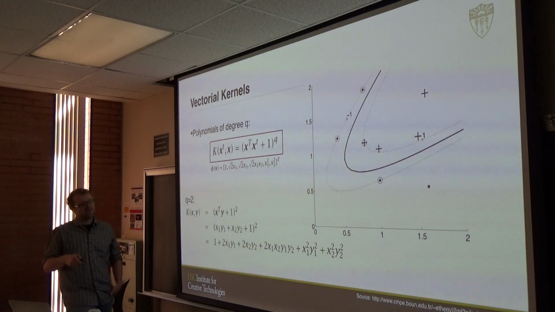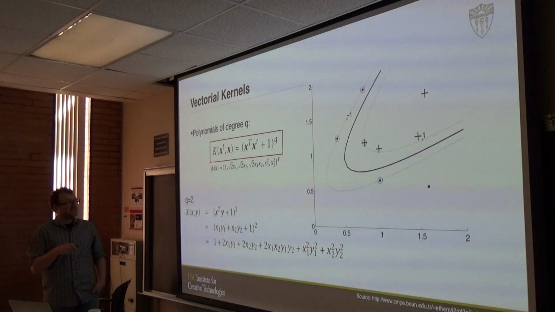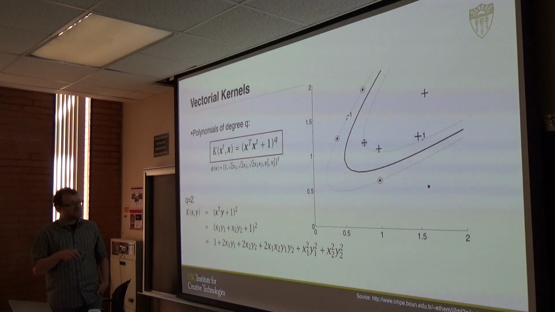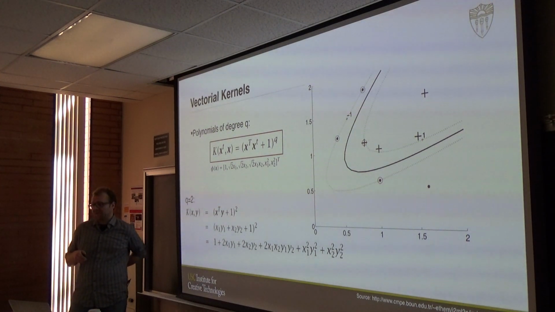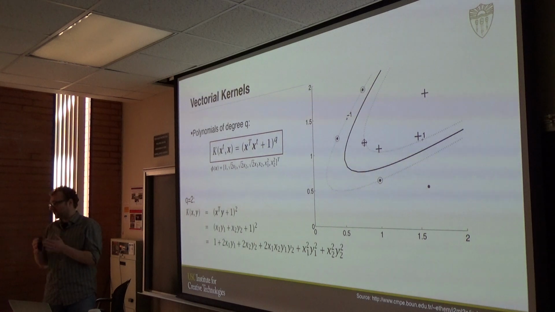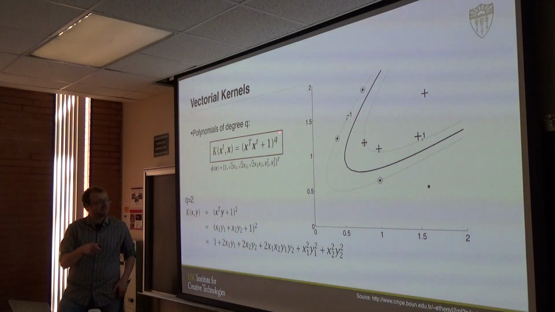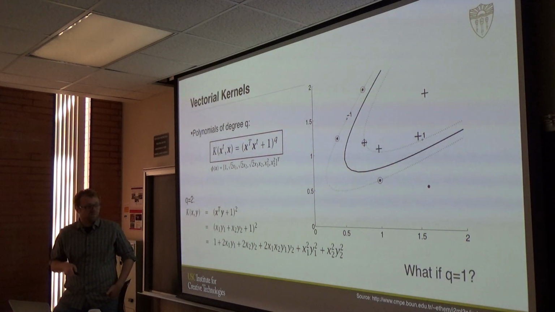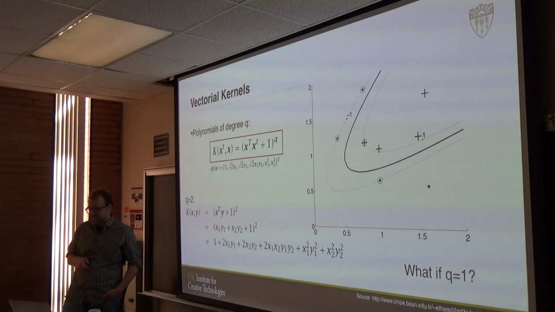A polynomial of degree 3 has more flexibility, could be an S-curve, and we can increase that up and up. Obviously, these basis functions would get more and more complicated depending on the q here. What if q equals 1? Well, it's a linear function.